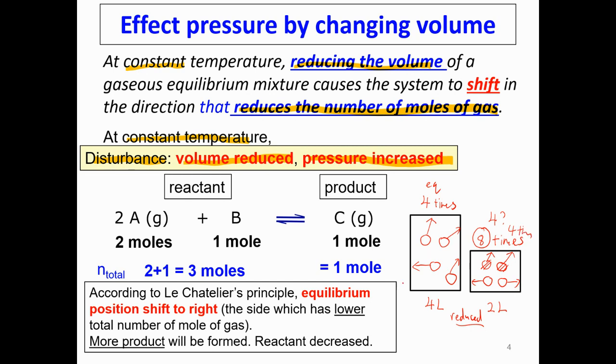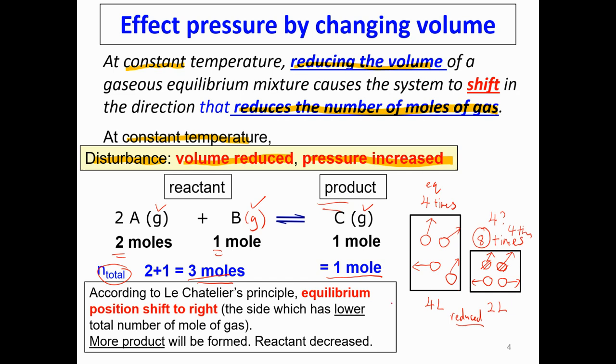So how to do this? We need to look at the reversible reaction equation and make sure that we are counting the number of moles of gaseous molecules only. Now let's see where it will shift to. On the right hand side, we have product only 1 mole. And on the reactant side, we have a total of 3 moles.